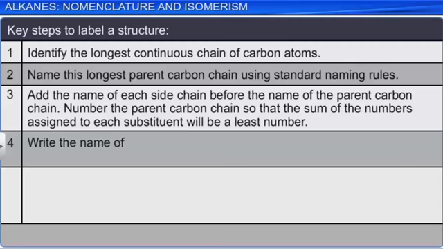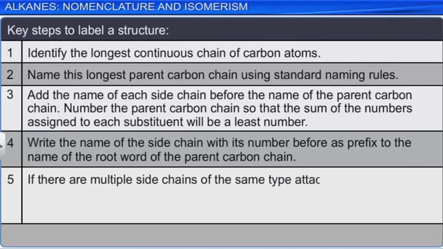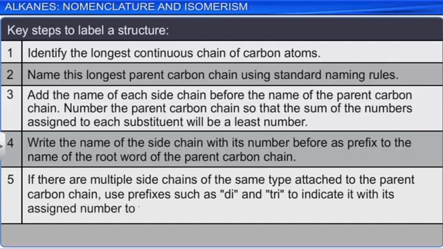Write the name of the side chain with its number before as prefix to the name of the root word of the parent carbon chain. If there are multiple side chains of the same type attached to the parent carbon chain, use prefixes such as di and tri to indicate it with its assigned number to the parent chain.